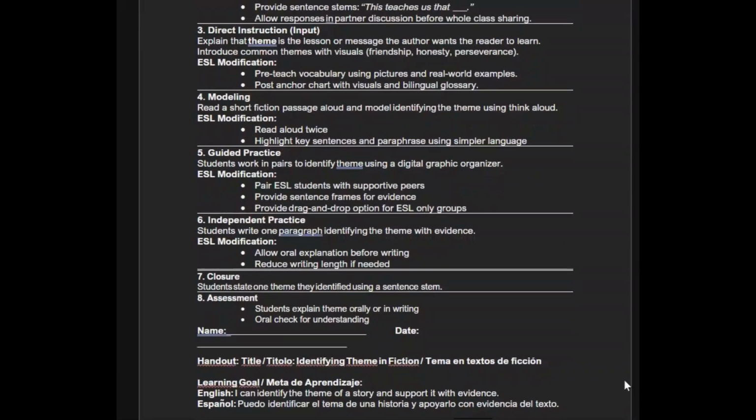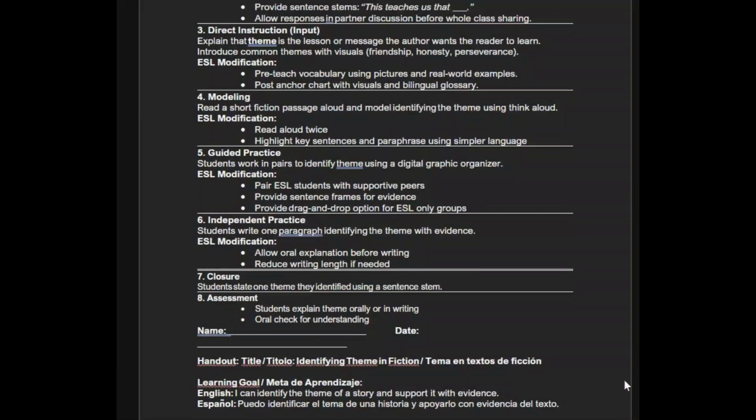The guided practice will be the students will work in pairs to identify the theme using a digital graphic organizer. For ESL students, we're going to pair them with supportive peers, provide maybe sentence frames for evidence, and even, if necessary, give them a drag and drop option or a pair option for the groups.